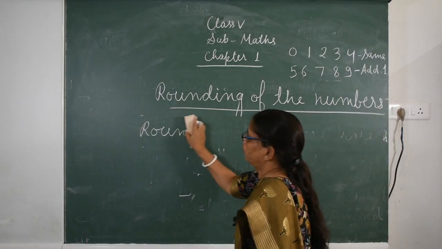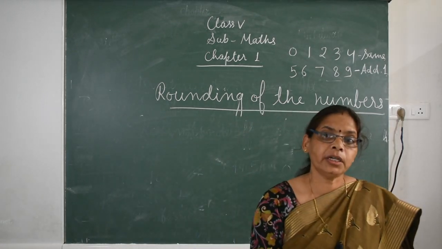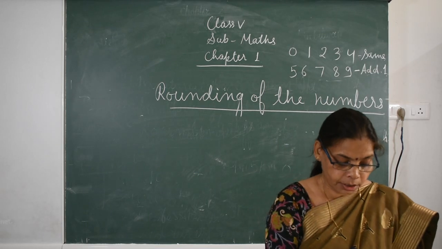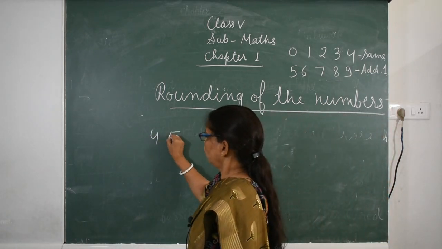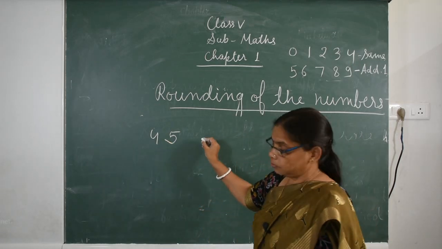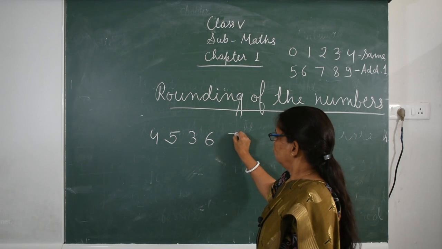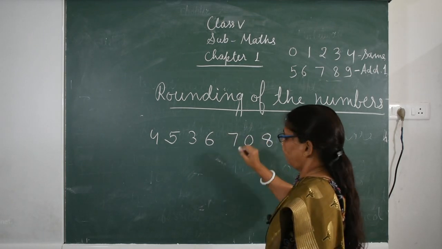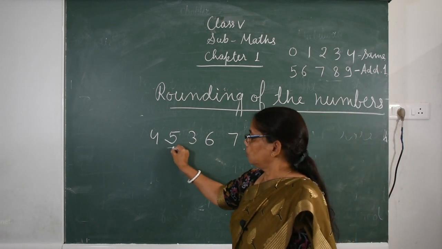The same rule we have to follow here. Rounding of the underlined number. 4, 5, 3, 6, 7, 0, 8. The underlined digit.